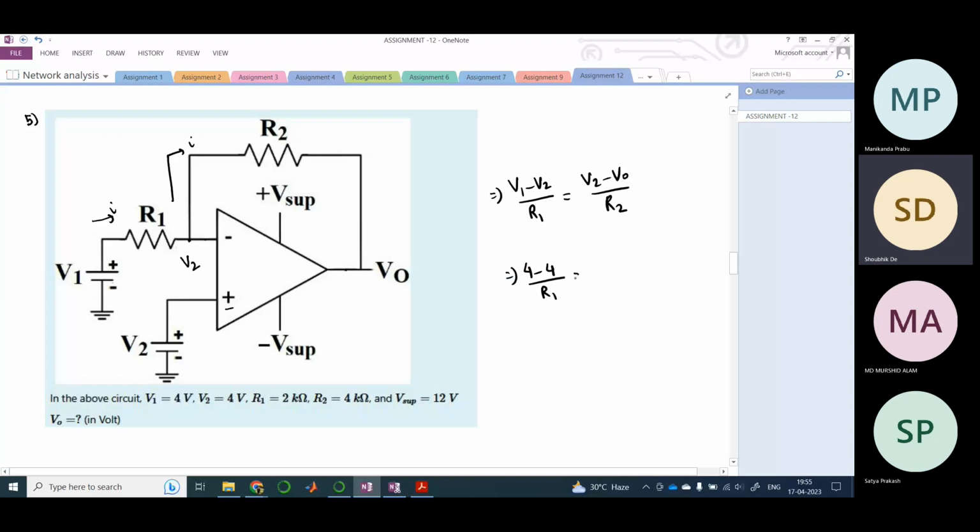This is R1. Then this is 4, and this is also V0. We don't need to write what R1, R2 are, because this thing is 0. Therefore, V0 is 4 volts.